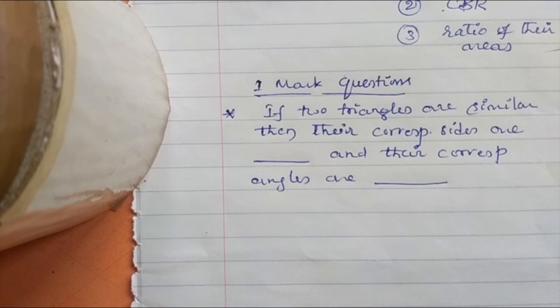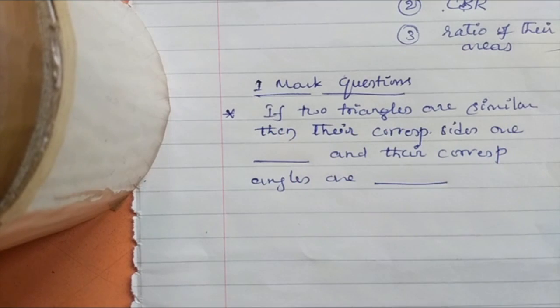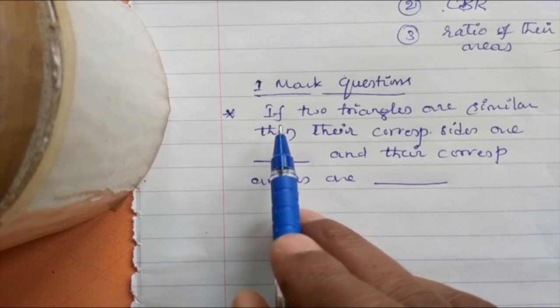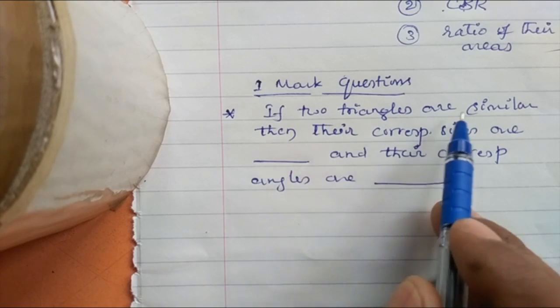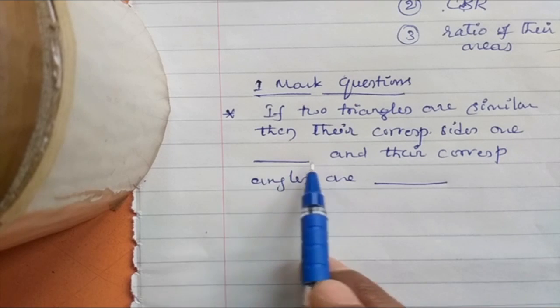Fill these two blanks. If two triangles are similar, read once again, then their corresponding sides are dash.